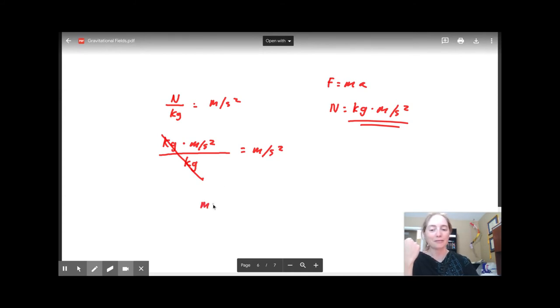So I am left with meters per second squared equaling meters per second squared. So they are absolutely identical. They mean the exact same thing. So you guys are welcome to use either newtons per kilogram or meters per second squared because they're the same thing. Isn't that exciting? I say it's exciting.